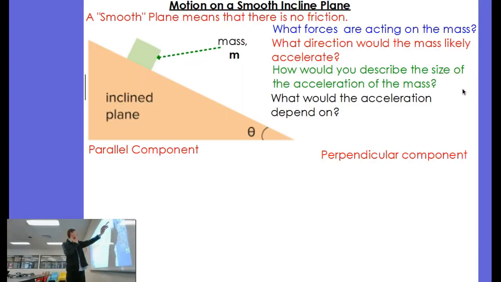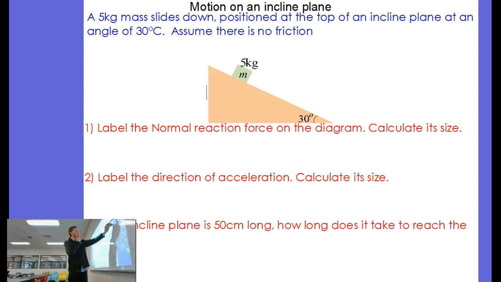So let's see if we can break this down. We're going to look more carefully here, specifically at a simpler scenario of what we just examined.